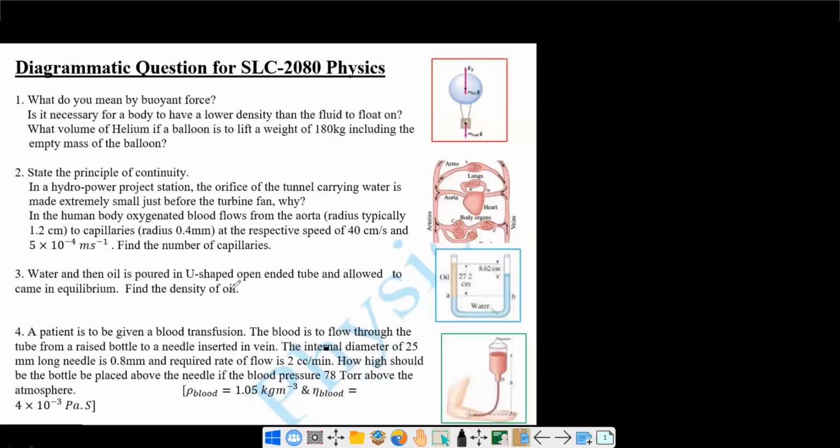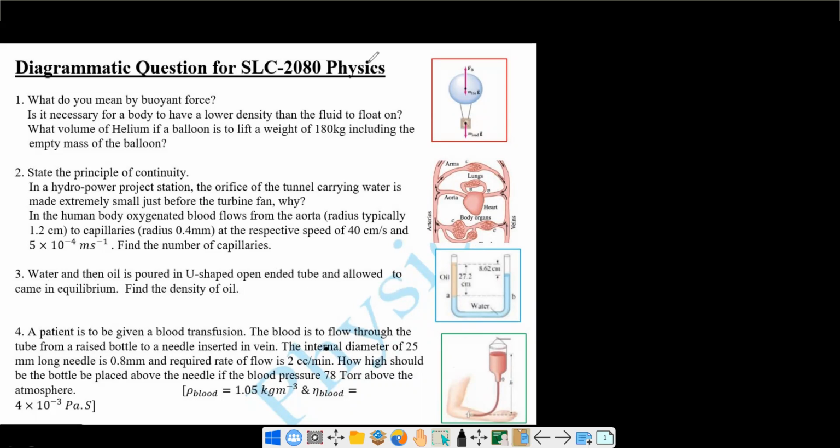This is also related to fluid statics. Here water and oil are poured in a U-shaped open-ended tube and allowed to come into equilibrium. Find the density of oil. This is a very interesting type of problem.